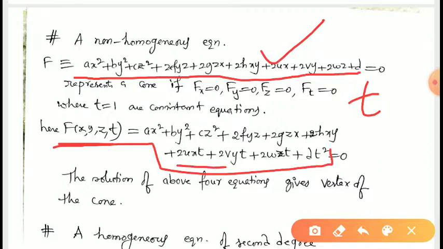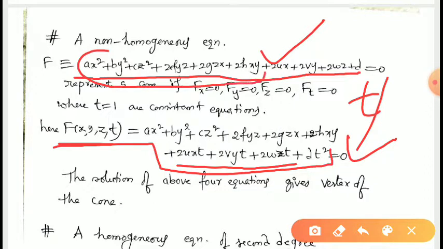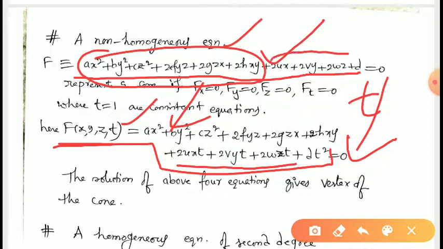How is this obtained from this equation? All the second degree terms are similar in these two equations. So we keep just t in the first degree terms to make them second degree, and we add t square in the constant term to convert it into second degree.